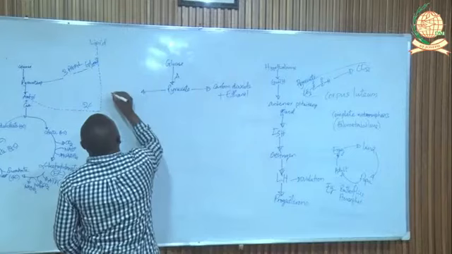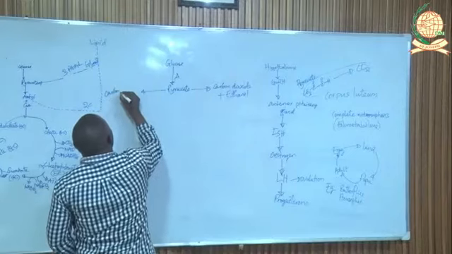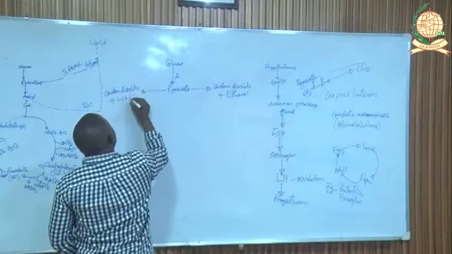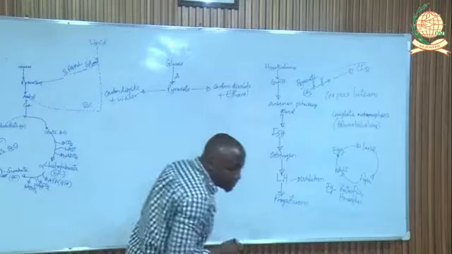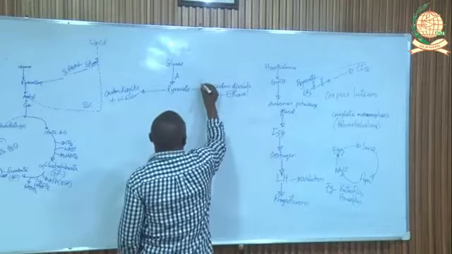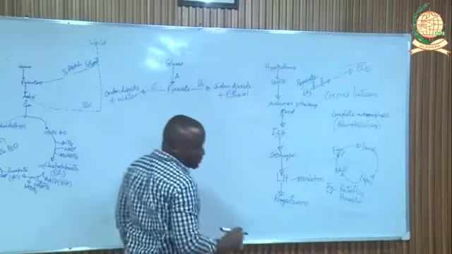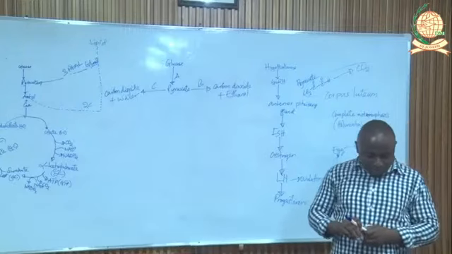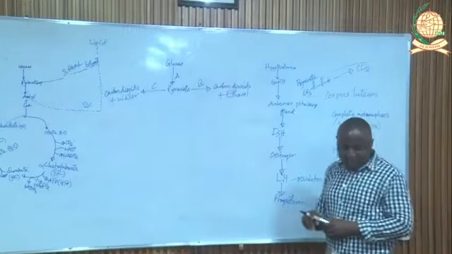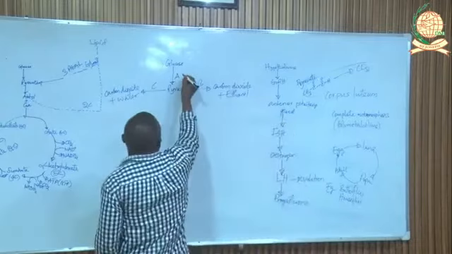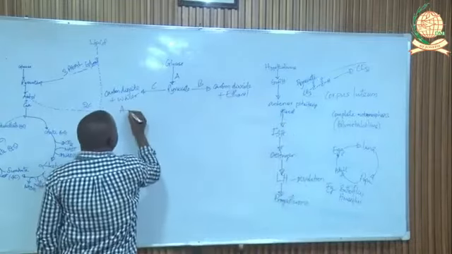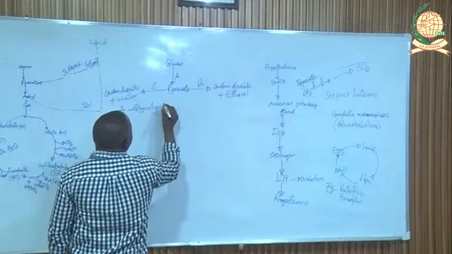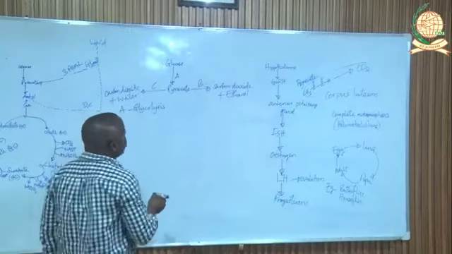This process is represented by letter B, and this is C. Identify the 3 metabolic processes represented by letters A, B, C. From this, if it results into pyruvate, then A must be glycolysis, because it's the conversion of glucose to pyruvate.